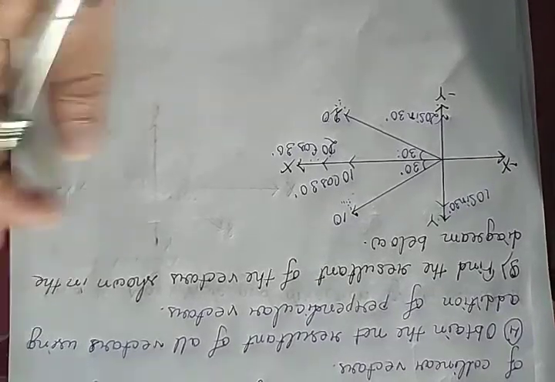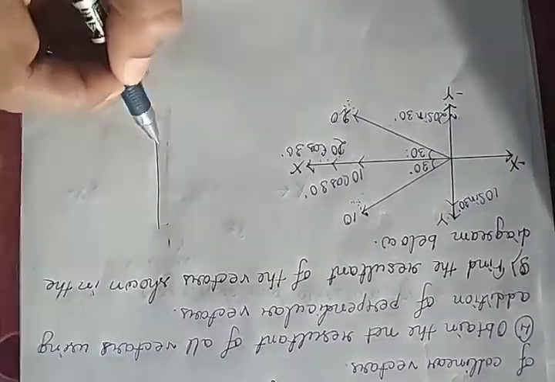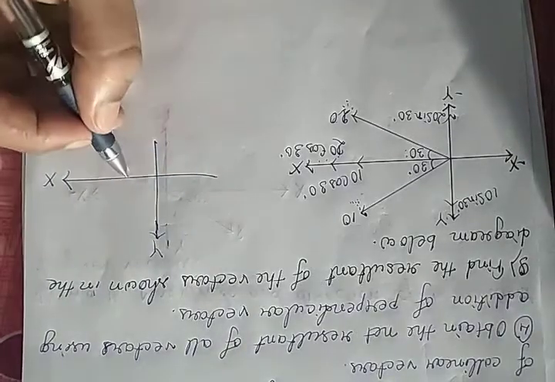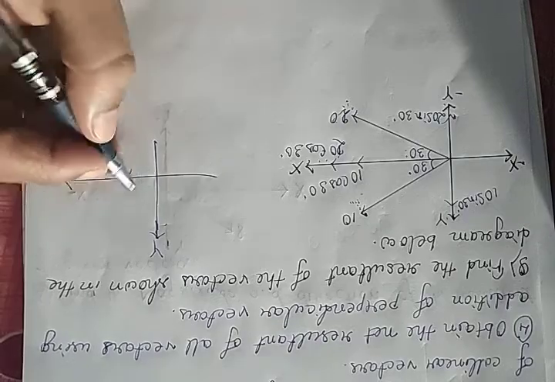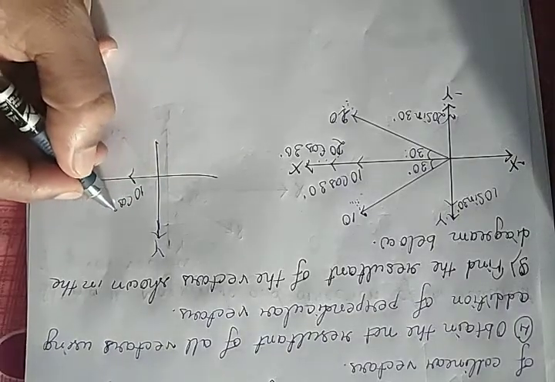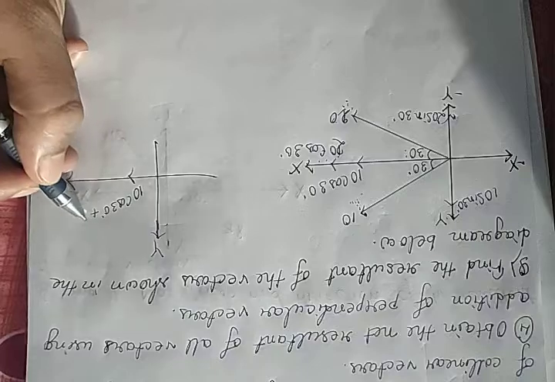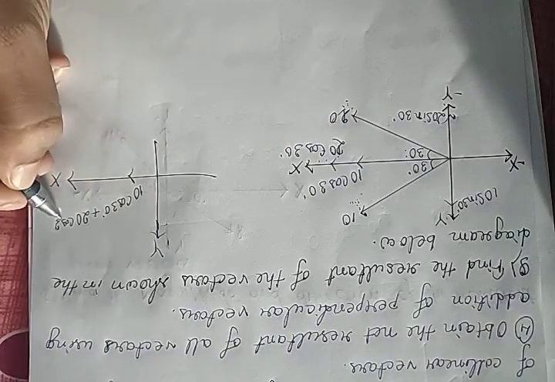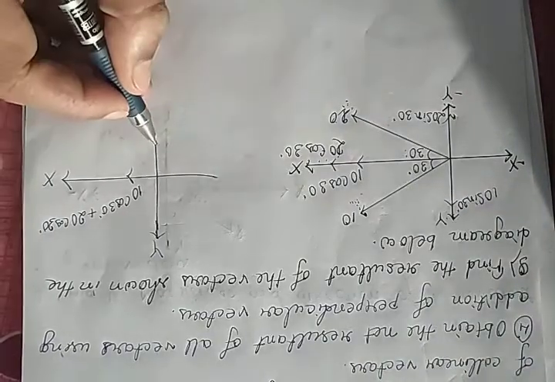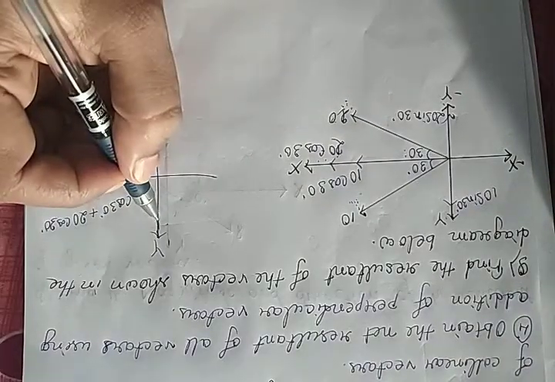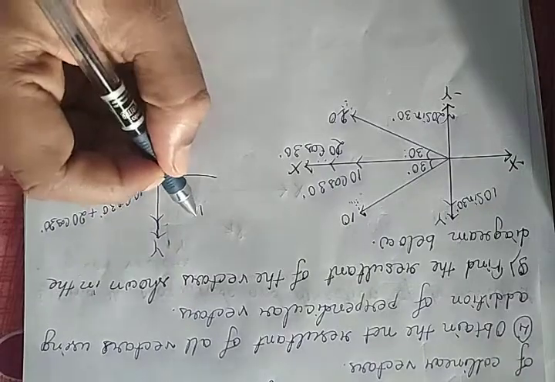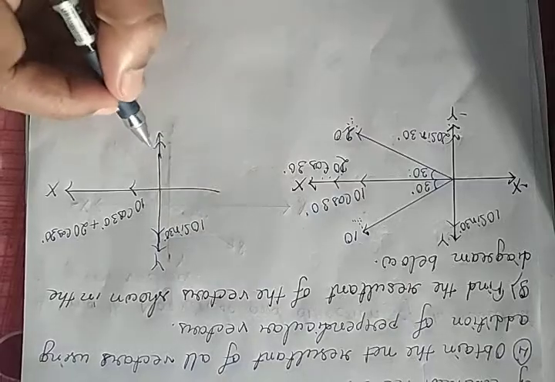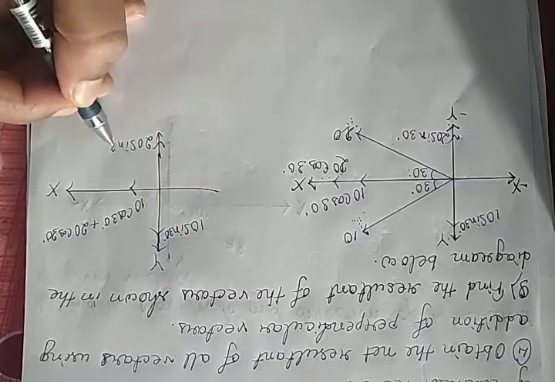Now look, after resolving, this is your x-axis, this is your y-axis. Along the x direction there are two components, 10 cos 30 plus 20 cos 30. In the positive y direction you have only one vector, 10 sin 30, and in the negative y direction you have one vector, 20 sin 30.